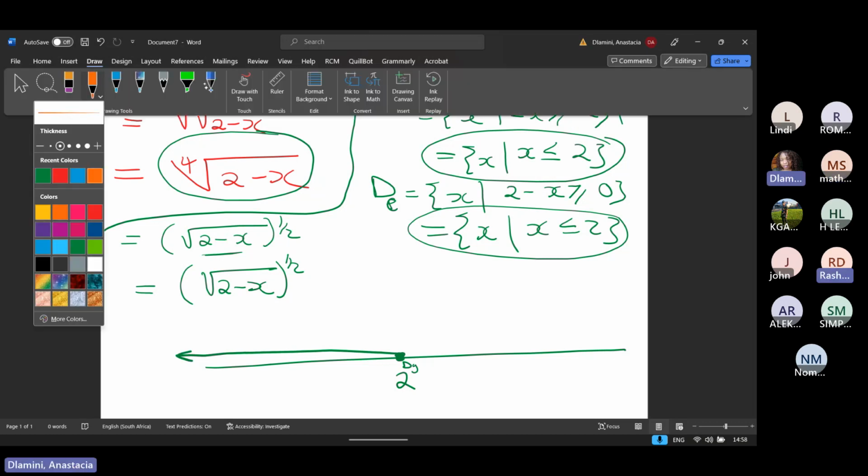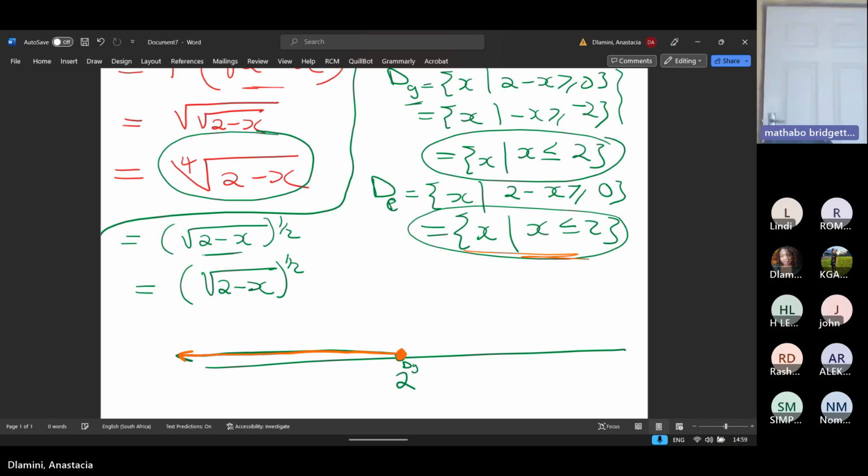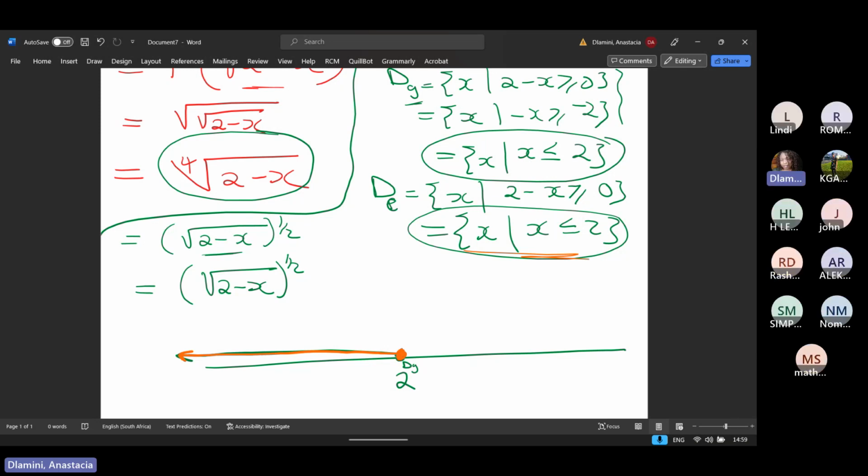Now, let's draw the domain of the expression of the composite function. It's the same thing. It will be 2, including 2. So the two lines cut each other from here. So the domain of the composite function of f and g is x such that x is less than or equals to 2.